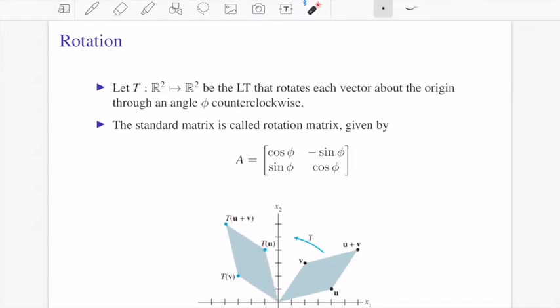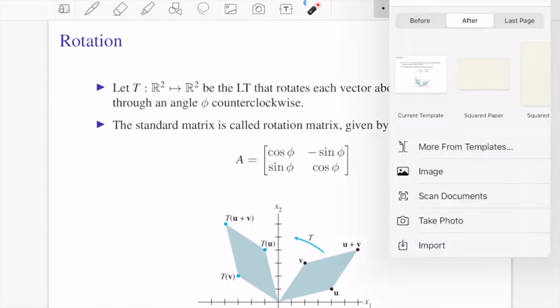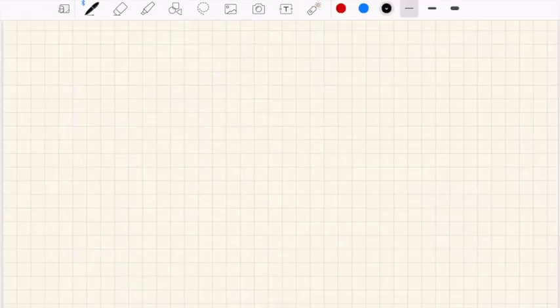All right. The question is, given this kind of definition, rotate by angle phi counterclockwise, how do you determine this matrix without being told this 2 by 2 matrix in advance? We can check the standard basis.